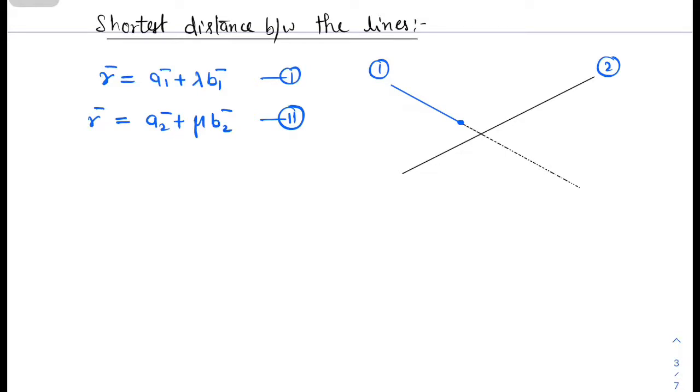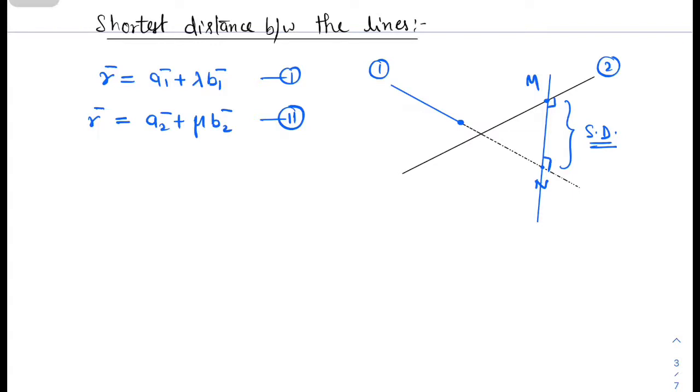Okay, so let's say that this point is M and this point is N. Okay, and this line MN is perpendicular to both the lines, so this MN distance will be the shortest distance.